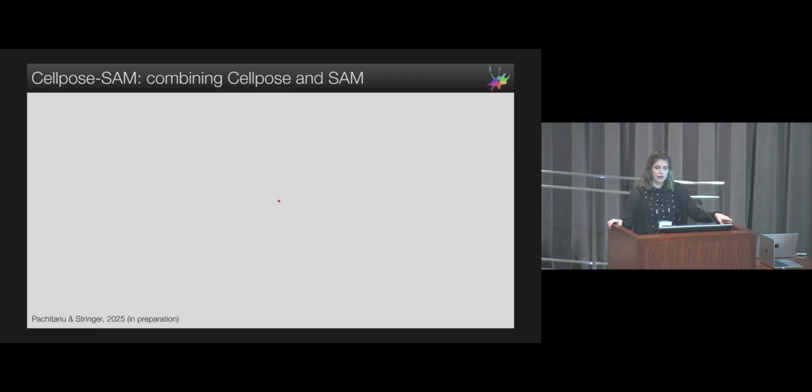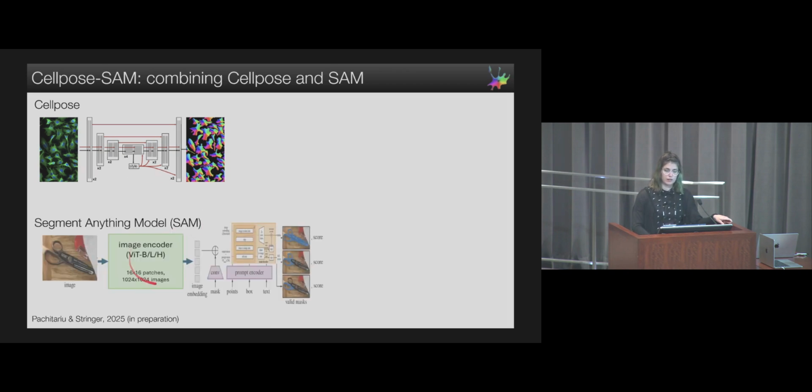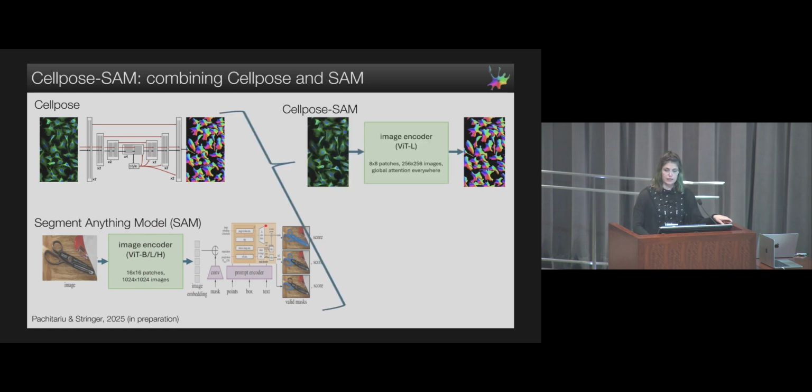So we thought, okay, maybe we should try to adapt SAM and basically combine SAM and Cellpose together to make a better model. So we take Cellpose, where we're taking an image and predicting the flows. We take SAM, which has this image encoder and this prompt decoder, and we basically take the image encoder from SAM and use that instead to predict the flows.